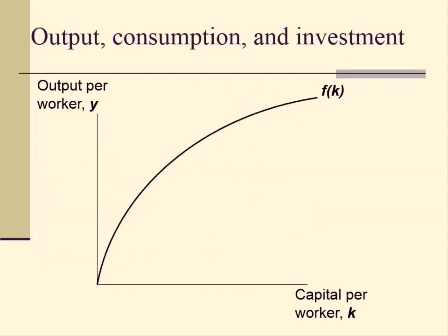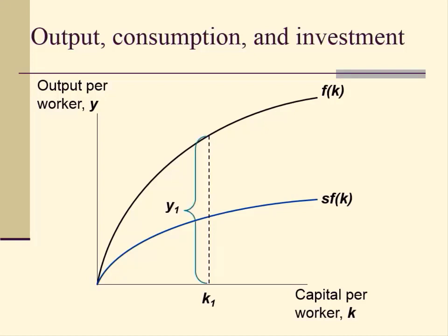Now we plot output per worker and investment per worker, which is s times f of k. So this vertical distance from the horizontal axis all the way to f of k is y, output per worker. Let's say at k equals k sub 1, then y equals y sub 1, which is equal to f of k sub 1. And that can be divided into two components, as you can see in this graph.